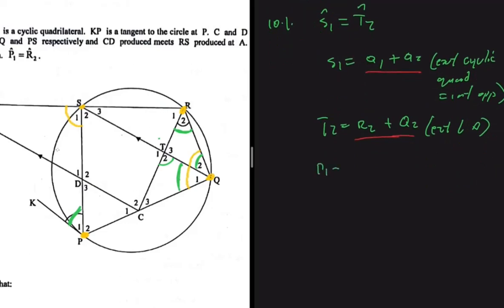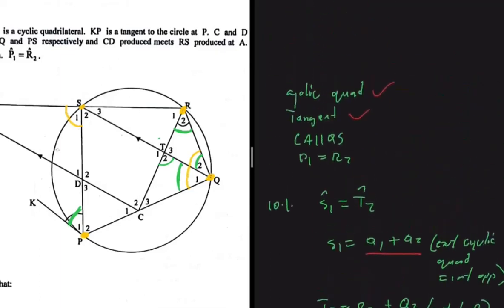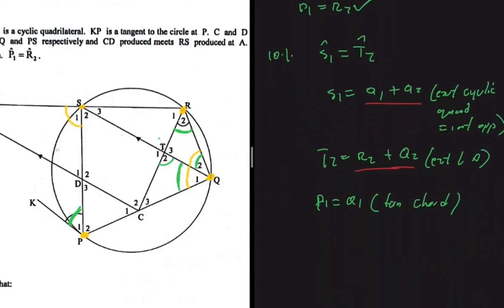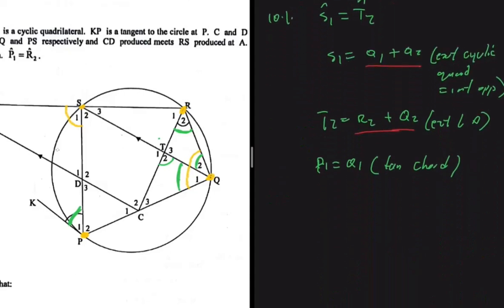Let's say that P1 is equal to Q1 because of the tan chord theorem, right? So from here, what can we say? Let's look at the keywords again. With parallel lines, they won't give us much, but if you see here, we are told that P1 is equal to R2, right? P1 is equal to Q1, but then on the statement itself, we are told that P1 is equal to R2.